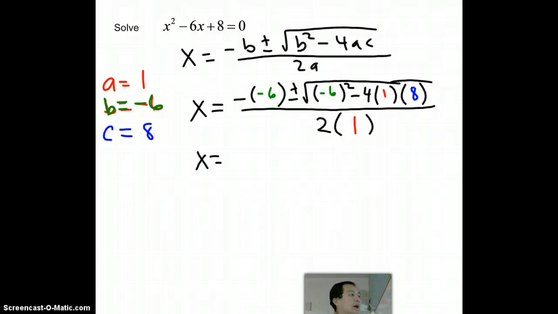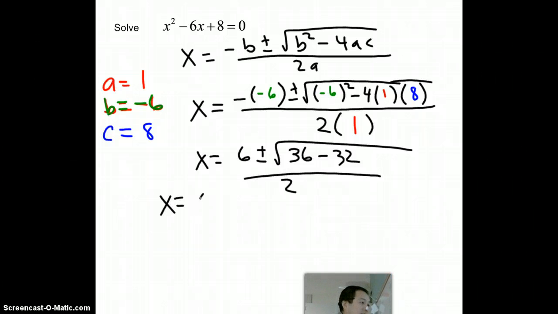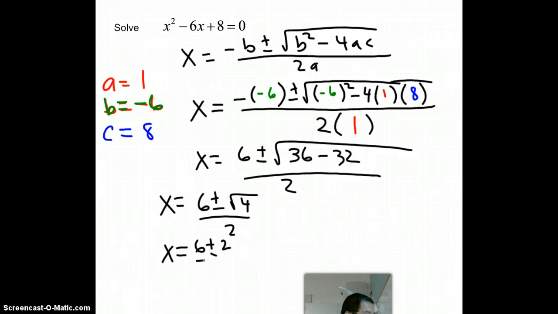Simplify. x equals 6 plus or minus the square root of 6 squared, which is 36, minus 4 times 1 times 8, which is 32, divided by 2. x equals 6 plus or minus the square root of 36 minus 32, which is 4, all over 2. The square root of 4 is 2, all over 2.